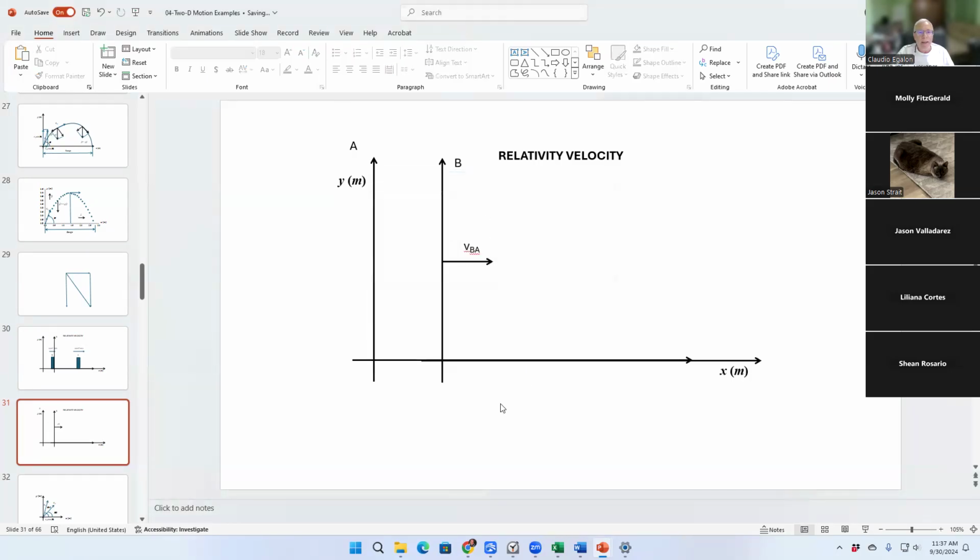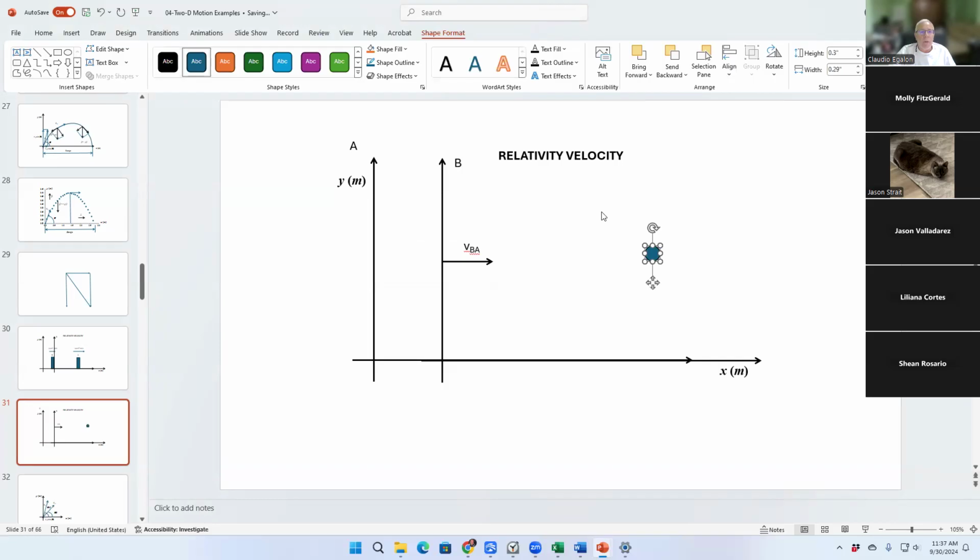Okay? I'm not going to put numbers there. I'm just going to write it down like that. Velocity of B with respect to A. And so let's say there is another object here.